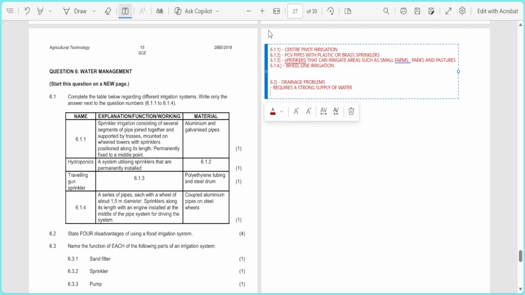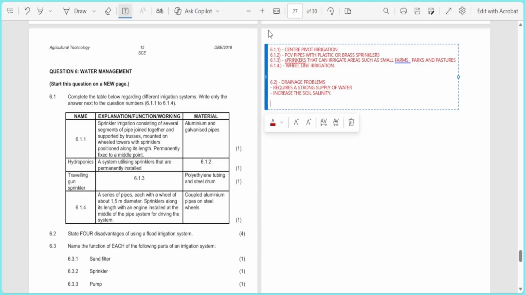How many is that? 3. Here's the third one. The erosion can also create or increase the soil salinity. I think we can include that one as well.